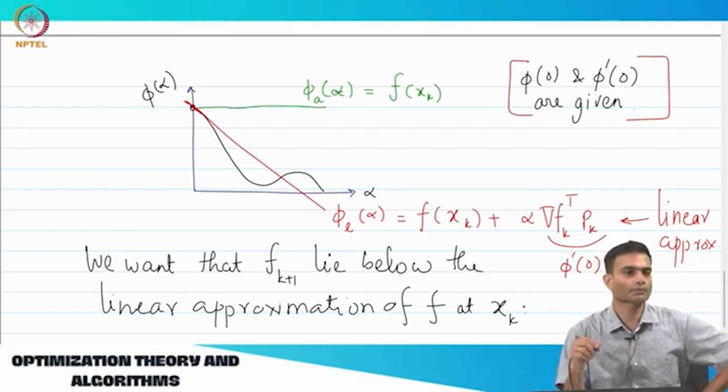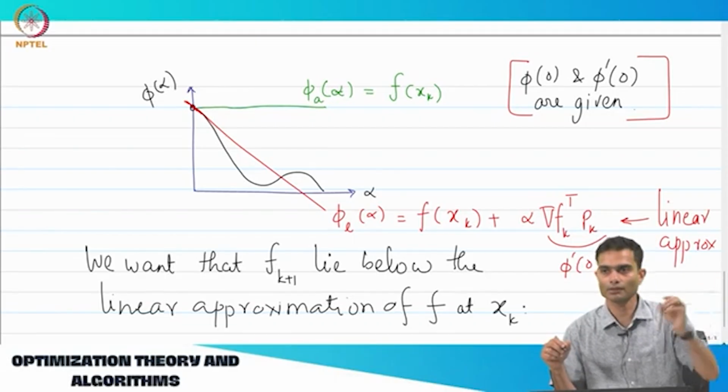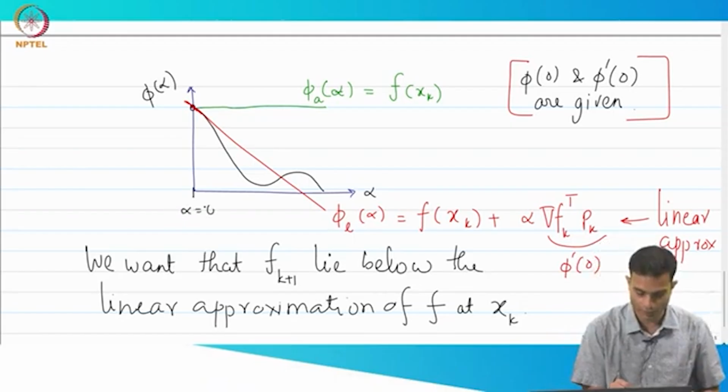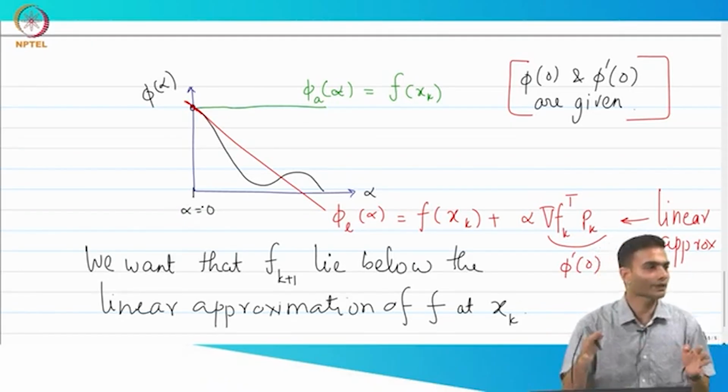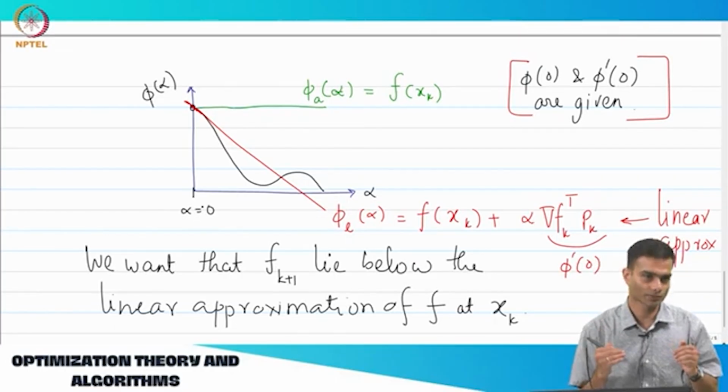This is the intuition behind the condition of sufficient decrease: take your function, create a linear approximation of this function at that point at alpha equal to 0, and say that whatever next xk plus 1 you choose, it had better lie below this.